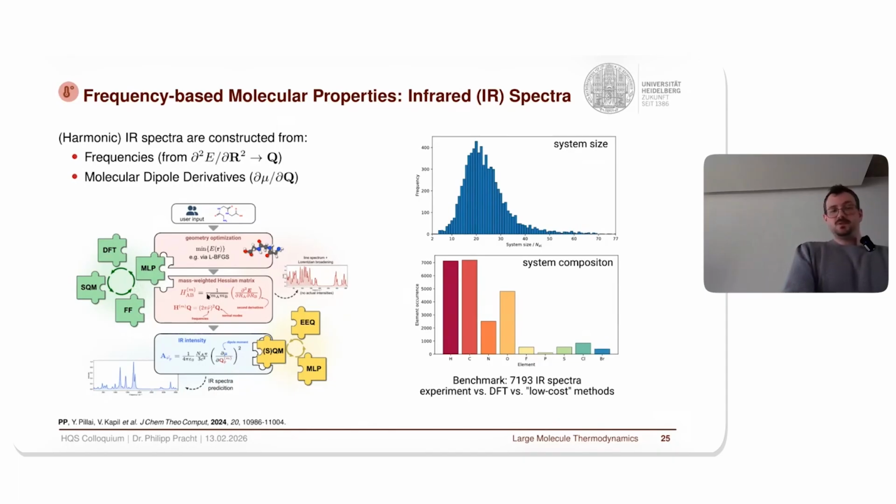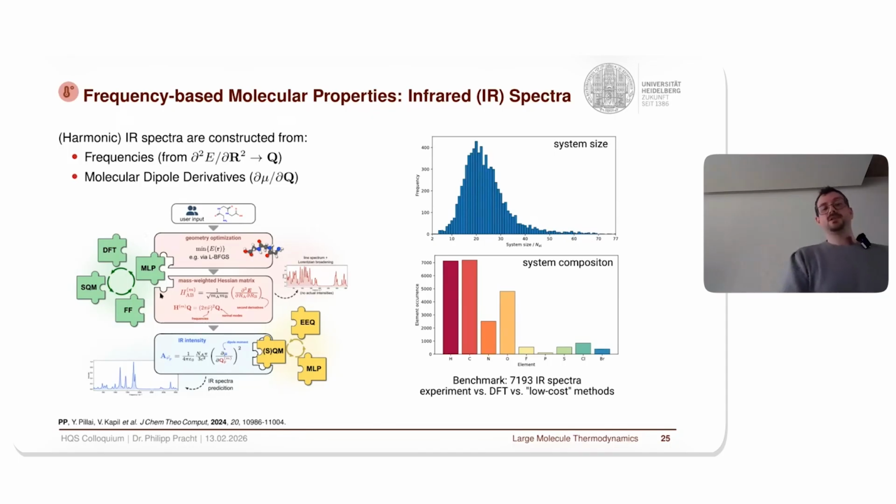The idea for this project here was, can we combine different methods for frequency calculation and dipole calculation, molecular dipole calculation, with the back thought being, okay, a machine learning interatomic potential in particular nowadays gives you an energy and a force of a molecule. It doesn't give you any additional information that a quantum mechanical calculation would, like the dipole moment.